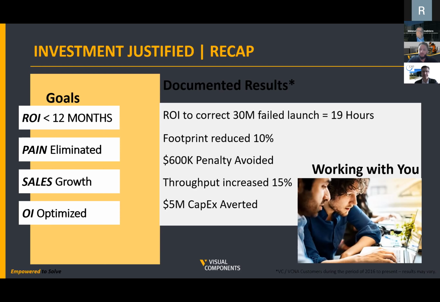We've seen footprint being reduced. We see CapEx averted by customers understanding that they could actually, through a different configuration, achieve the same throughput with less equipment. They invested early and all of a sudden we don't need that on the floor, and they saved the space. We had a customer that had a crossing conveyor system, and they took time A, time B, and time C, added them together and said, here's my throughput.